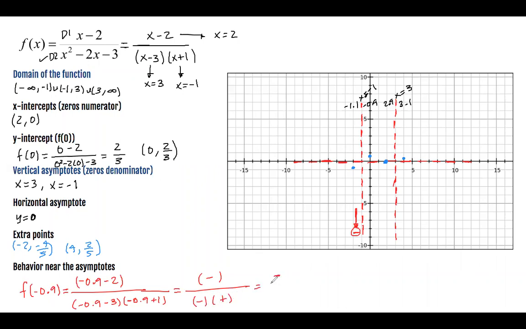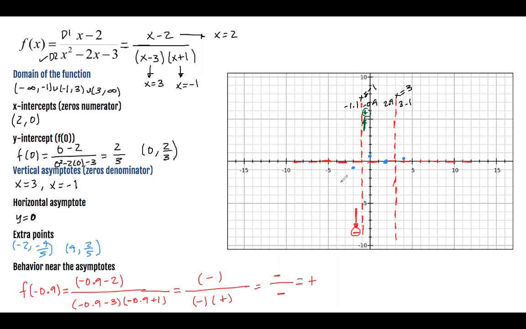So negative divided by negative times positive is still negative, and negative divided by negative is positive. That means we're going to have positive behavior, meaning it's going to approach the vertical asymptote going up.